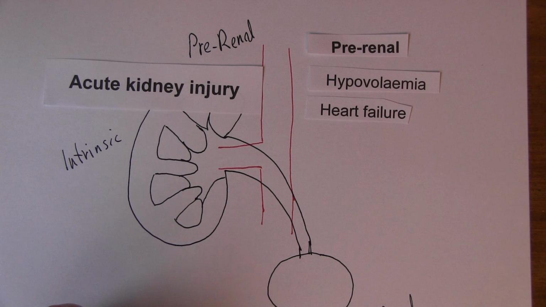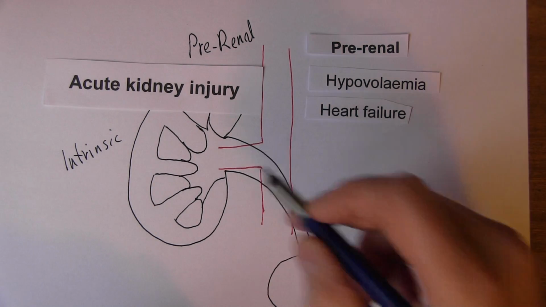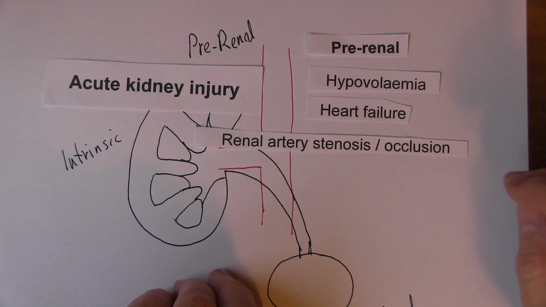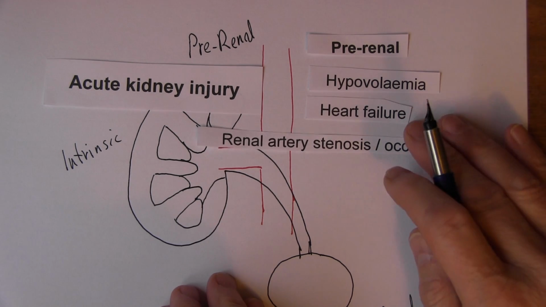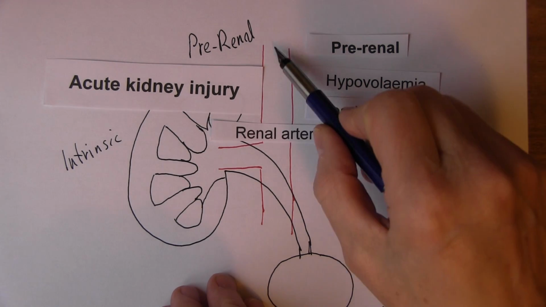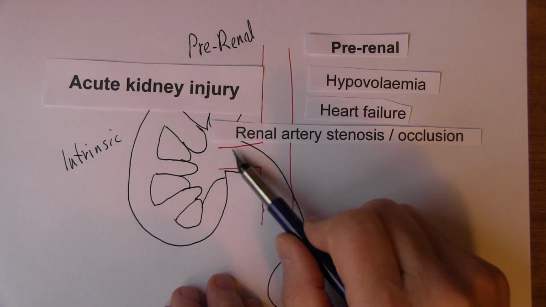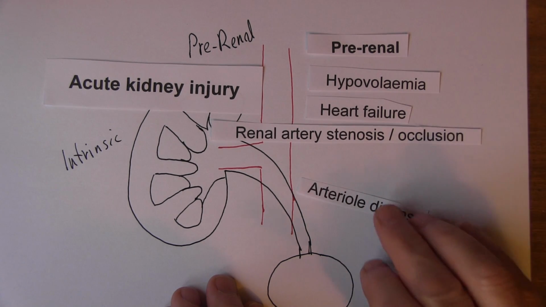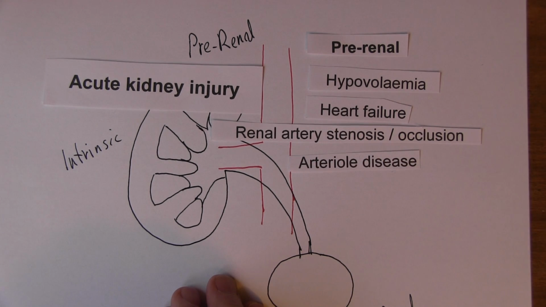And here we can also include conditions that affect the renal artery. So renal arterial stenosis, for example, caused by thromboembolic disease. So even if the blood pressure in the aorta is high enough, if there's problems in the renal artery, the kidney won't be adequately perfused. And we could also include arterial disease there of the small vessels, although that does tend to be a longer term process.